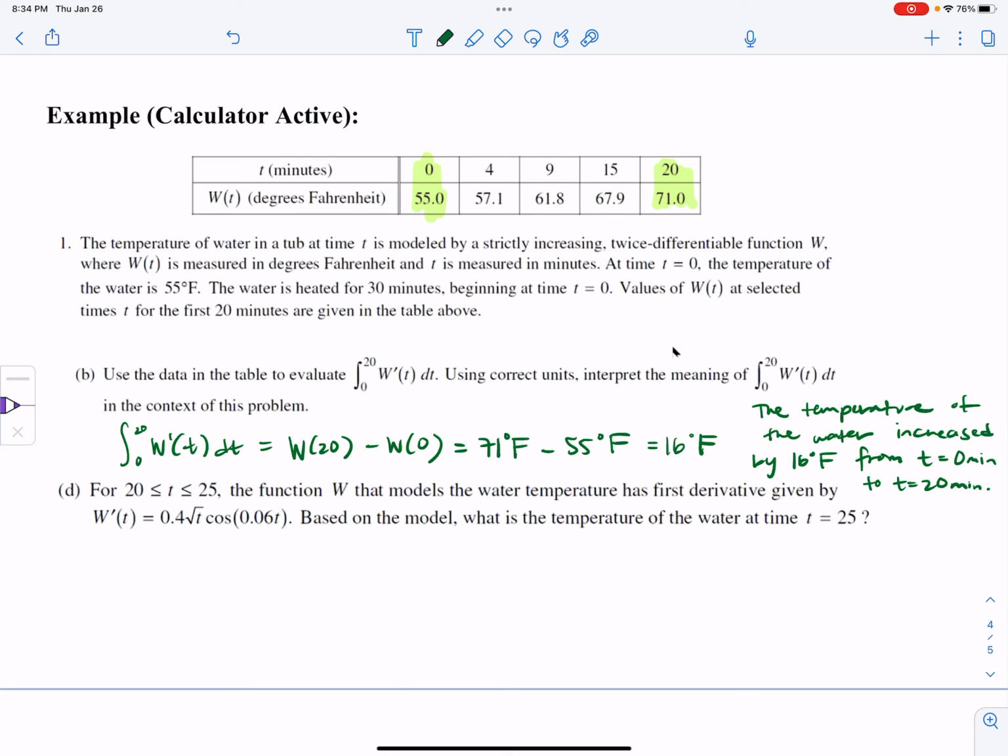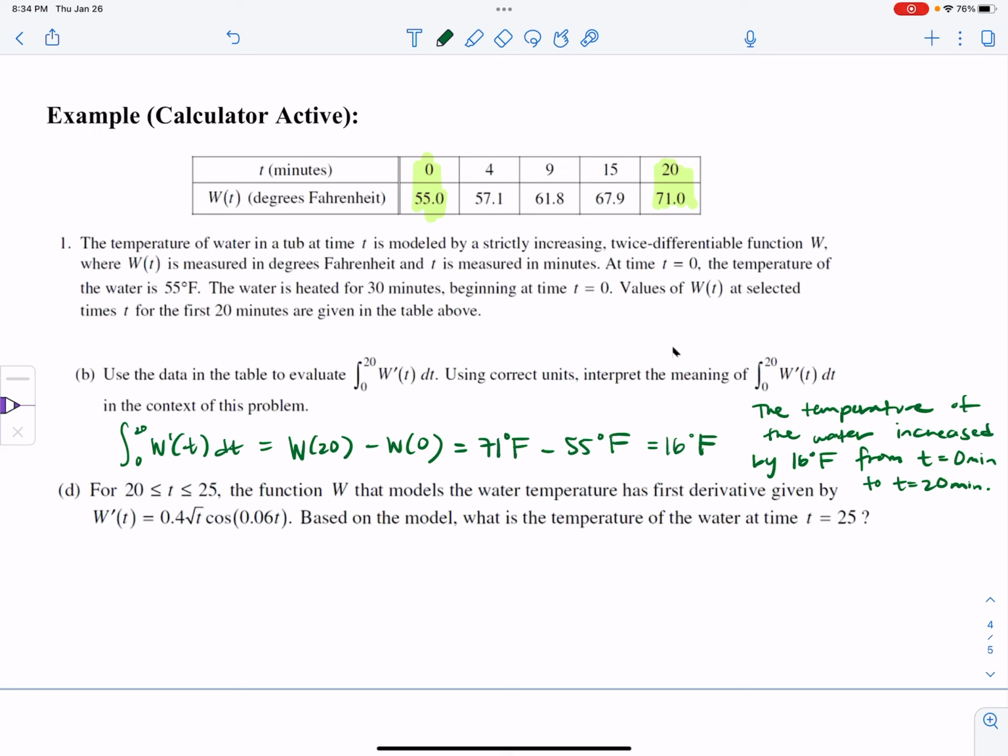Okay, so for t between 20 and 25 minutes, the function W that models the water temperature has first derivative given by W prime of t equals 0.4 root t cosine of 0.06 t.